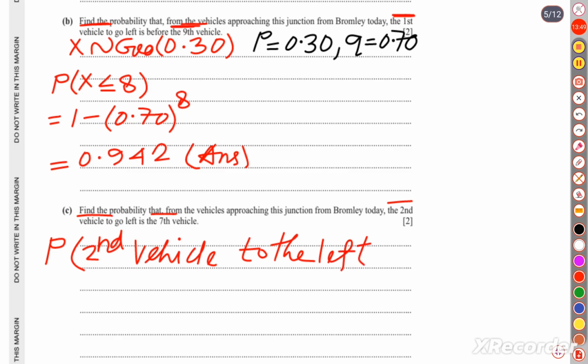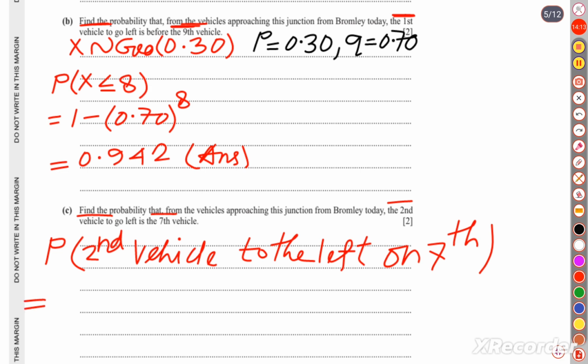On the seventh trial. Second vehicle to the left on seventh trial or seventh experiment. That means the seventh vehicle turned to the left for the second time. This is the second vehicle actually. So what is our formula?